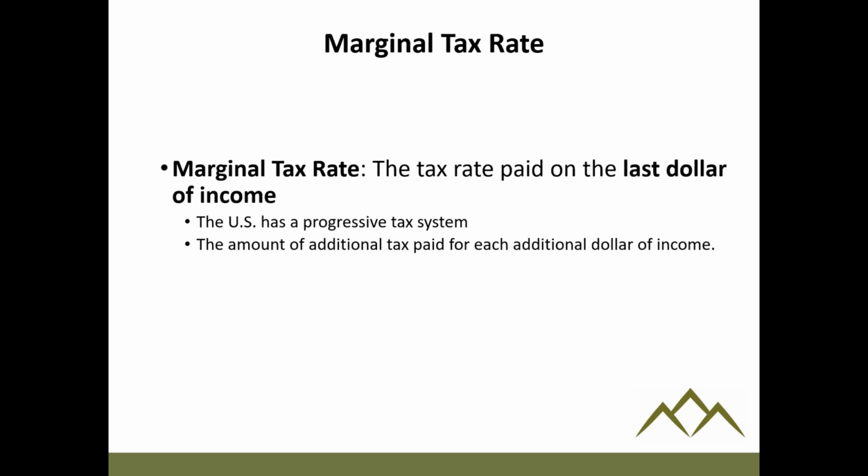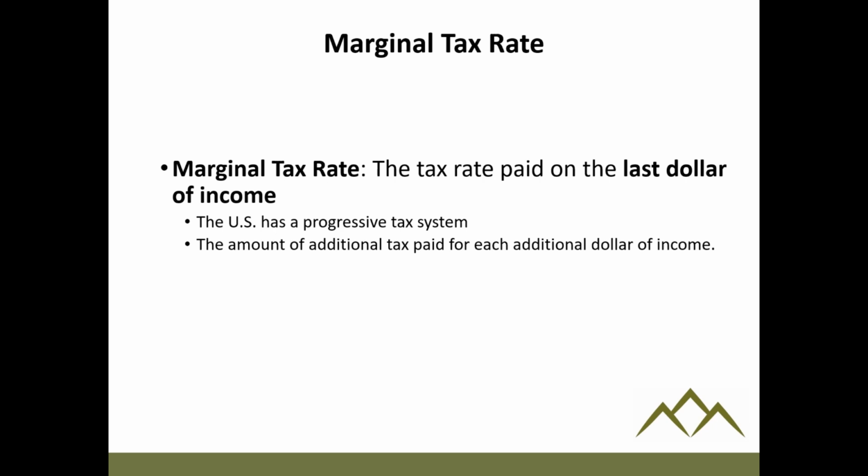The theory behind that is that somebody with $1 million of income isn't going to feel the same hit on a percent basis as somebody with $50,000 of income. 25% of your income at $50,000 is going to really affect your quality of life in a much more profound way than 25% of somebody's income if they've got $1 million in income.